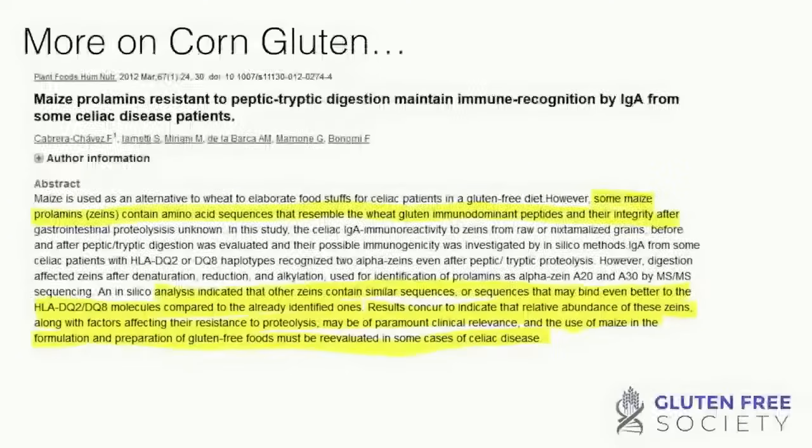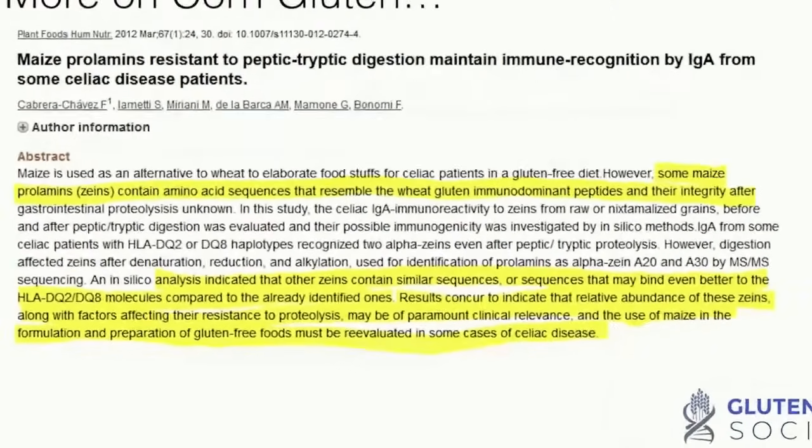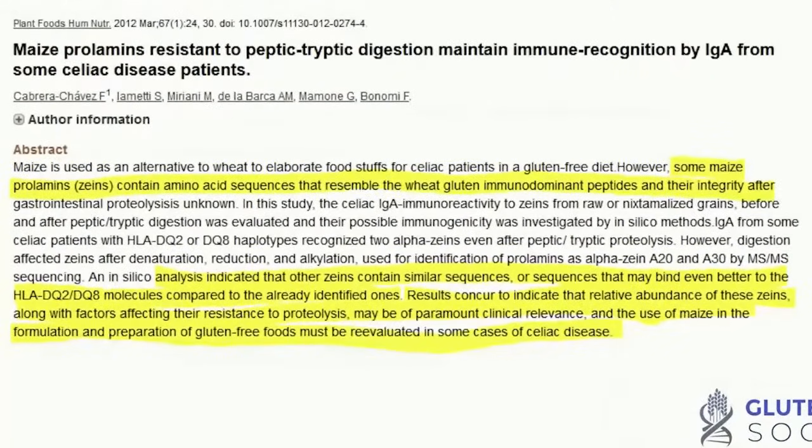Well, in this study, they found that corn was one of the major contributing factors to why these individuals were still struggling on their diet. And so this study was published in Plant Foods and Human Nutrition back in 2012. And you can see here that some maize prolamines contain amino acid sequences that resemble wheat gluten immunodominant peptides.